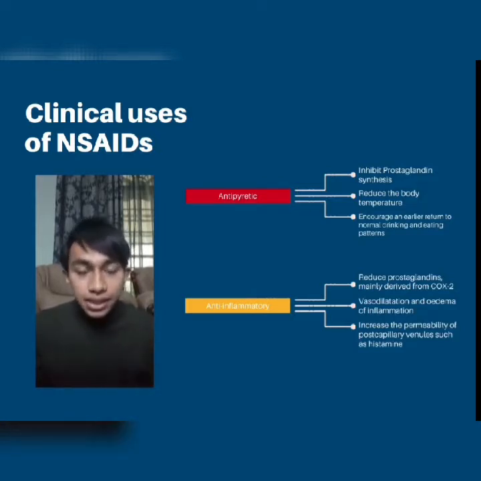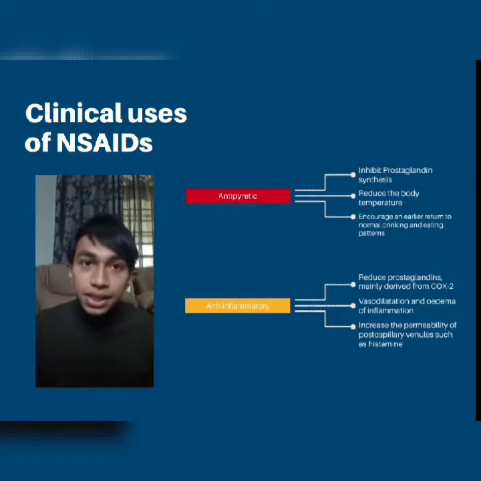Then, NSAIDs can reduce the body temperature in fever states associated with microbial infection. Last but not least, NSAIDs may encourage an earlier return to normal drinking and eating pattern, and therefore aid the recovery of the ill animals.